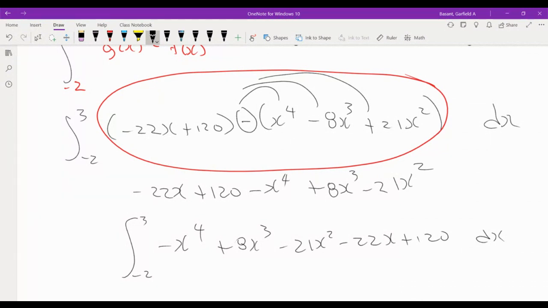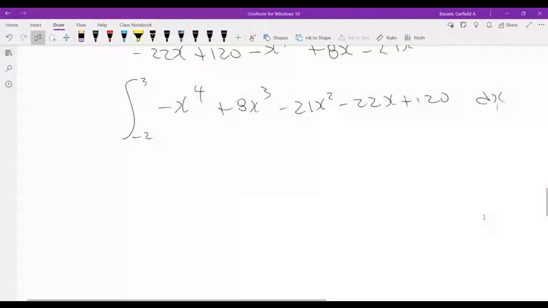Damien, does that make sense now? Well, this was your question. All right, so now we're going back to the old rules. We're going to take the antiderivative of the whole thing. So this becomes negative x to the fifth over 5, right?